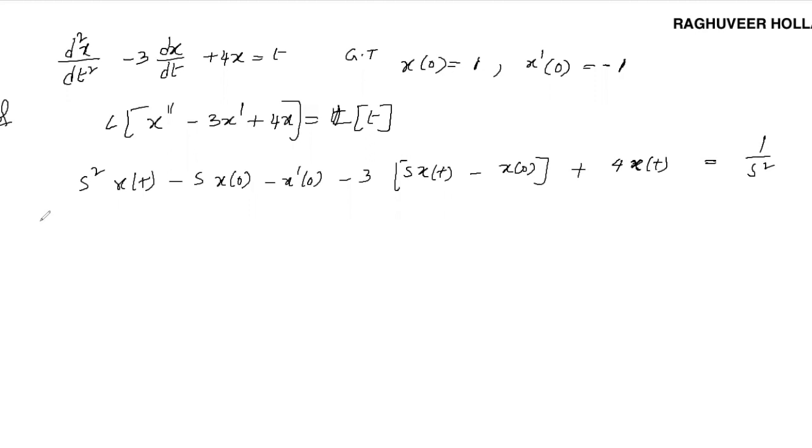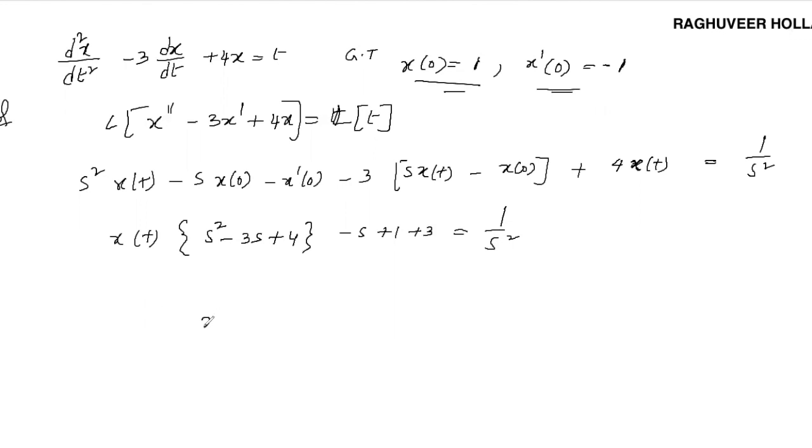And now this will be L of x(t) times s square minus 3s plus 4, minus s plus 1 plus 3, is equal to 1 by s square, by substituting x of 0 and x dash of 0 values here.